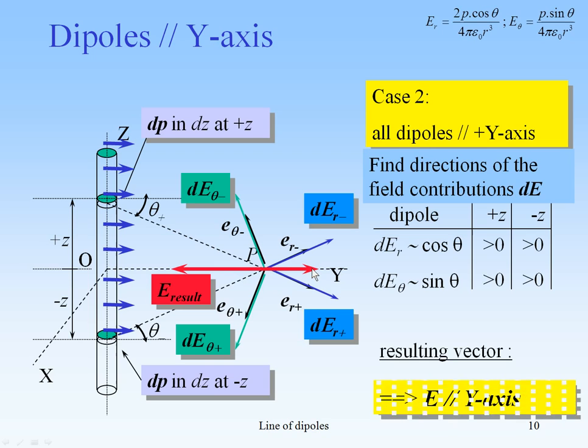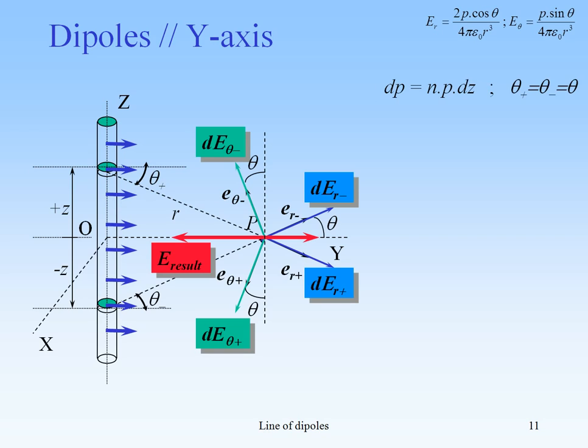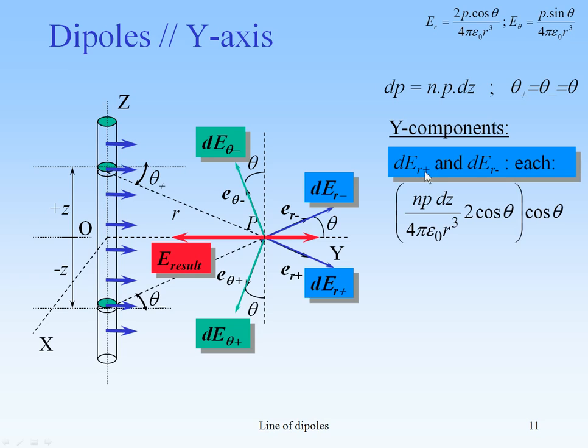Let's find an expression for the resulting vector. Here we have the vectors again. The y components are given by, for the E_r plus and the E_r minus component each, np dz, that is the p here in this equation, over 4 pi epsilon naught r to the third, times 2 cosine theta, times cosine theta, and that cosine theta is the component along the y-axis.